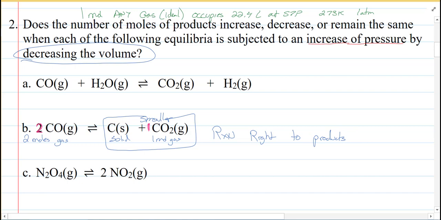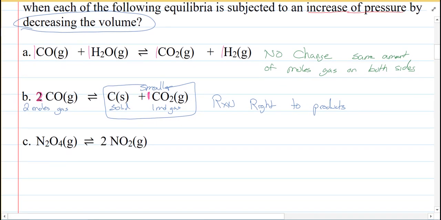So now if we go back to the A, coefficients 1, 1, 1, 1. There's actually no change here. And the reason there's no change, it's the same amount of moles of gas on both sides.